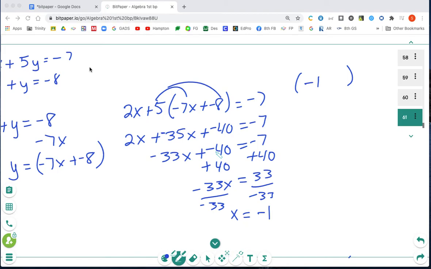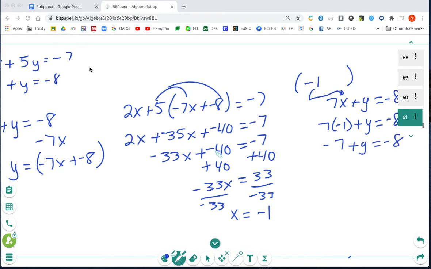So I'm going to use 7x plus y is equal to negative 8. 7 times negative 1, substituting in my negative 1 for my x, plus y is equal to negative 8. Negative 7 plus y is equal to negative 8. Zero pair the 7, so y is also equal to negative 1.